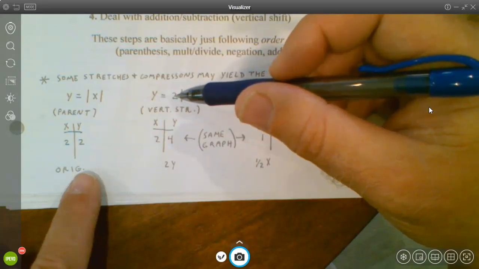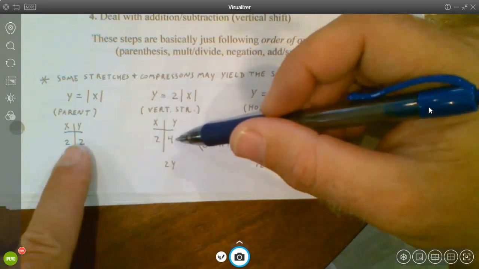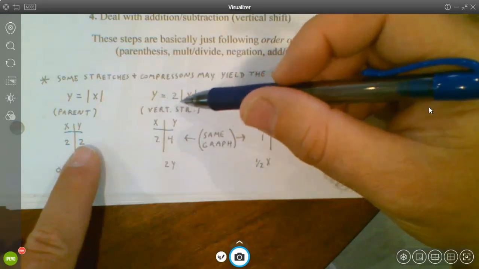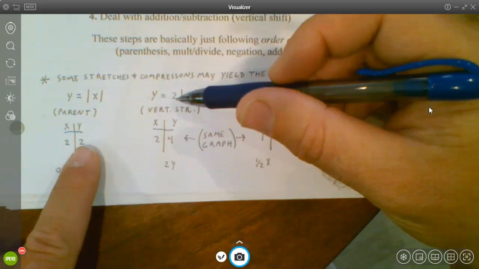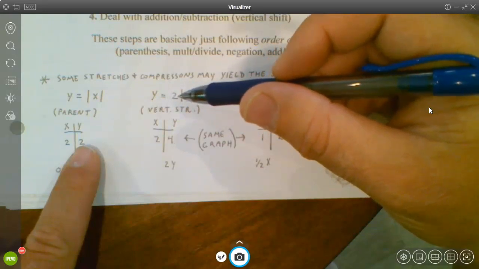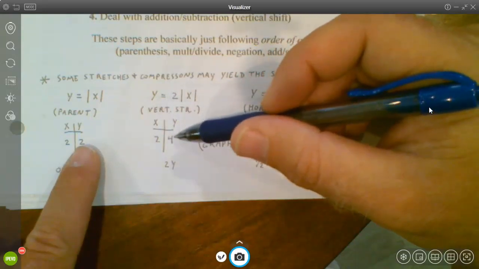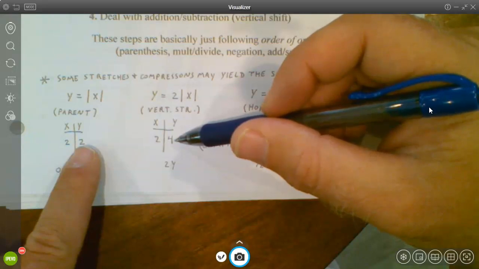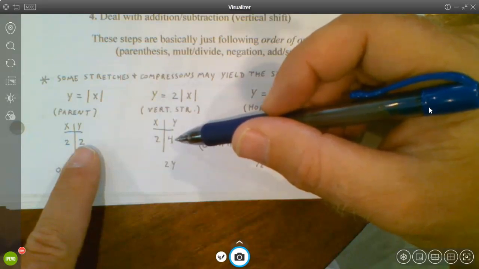So it means I would multiply the y coordinate by 2. And these are the rules that I gave you up above. Anytime you have something not attached to x, it's going to affect your graph vertically. And since this is being multiplied, we're going to see this as a vertical stretch, and it's going to affect my y coordinate, just based on the rules you saw up above. Right? And so here's a new point that I would now have.